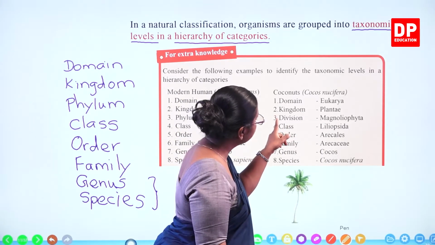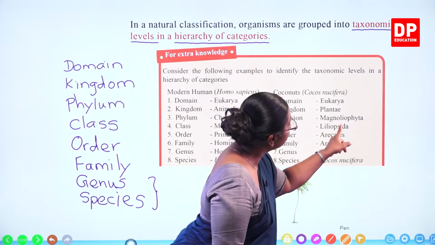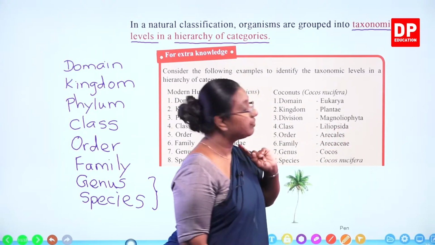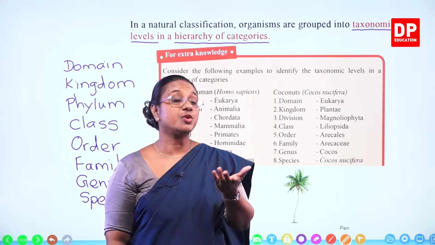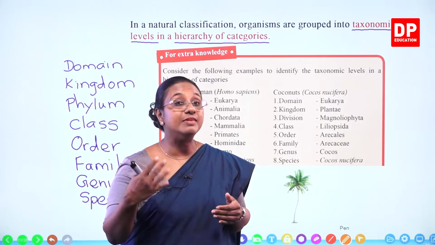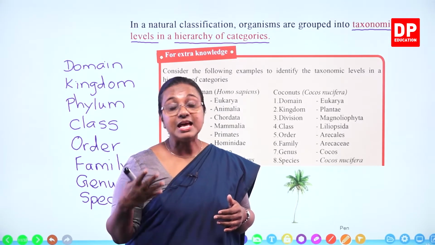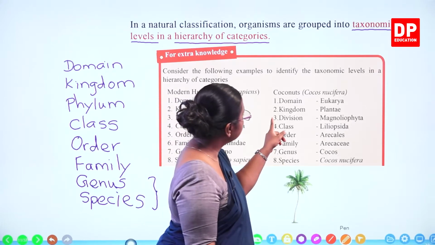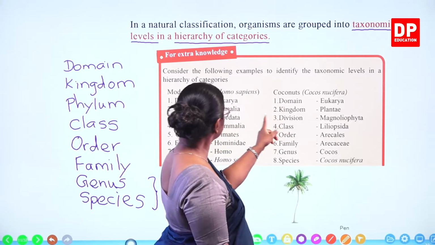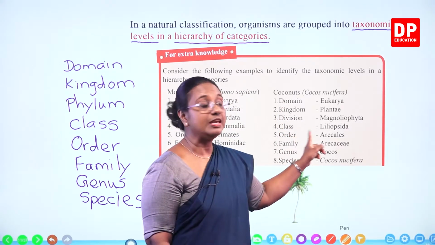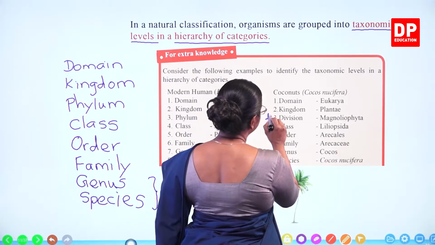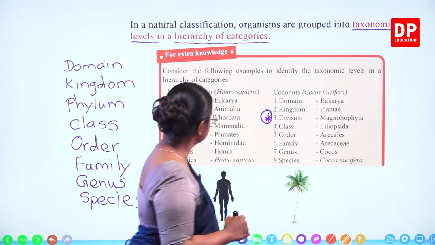Then under that we have the division Magnoliophyta. Magnoliophyta means angiosperms or flowering plants. You are familiar with that term. Plants that produce flowers. So under kingdom, here we don't have the phylum, we have the division. That is something you need to understand.